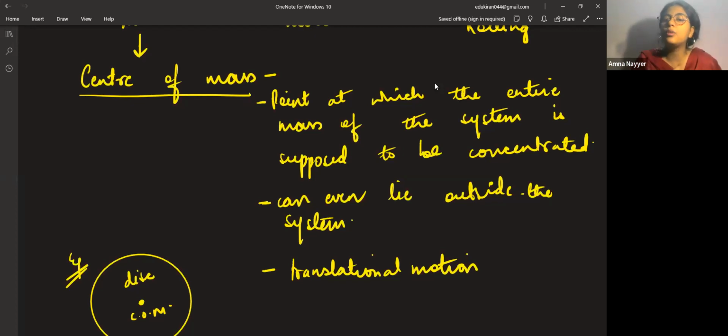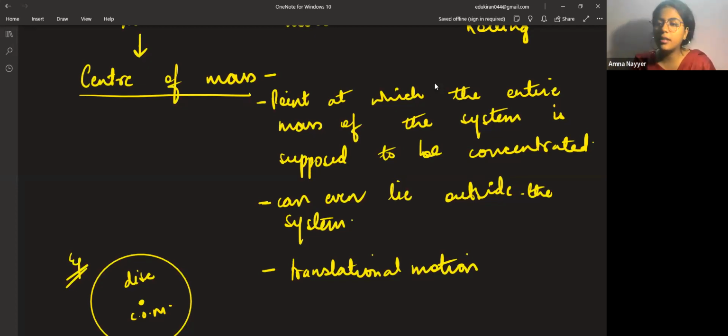You have to have a representative for all the particles which depicts all of these parameters with the help of just one particle. That point at which the entire mass is supposed to be concentrated is called the center of mass. Even if I remove that rigid body, just the center of mass will be sufficient for depicting all the parameters.